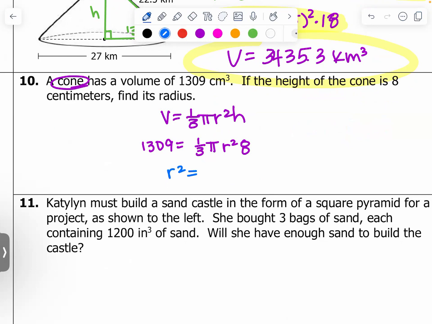1/3 times 8, 0.33. 173.6, maybe. What did you get for r squared? 173.6?